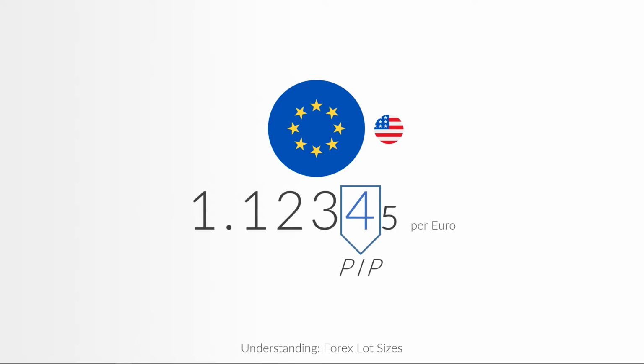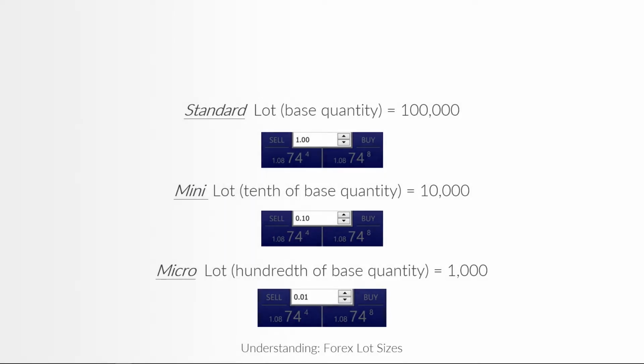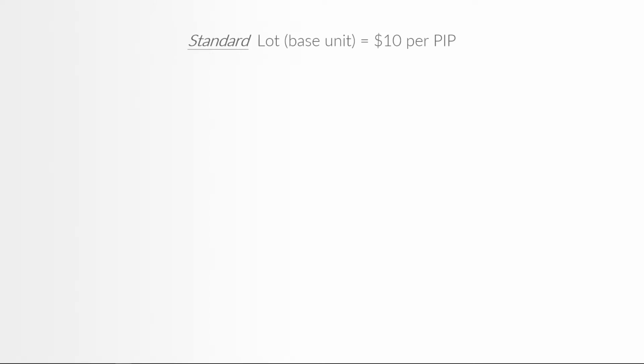But the way I was always taught, and I've been in this industry since 2006, is that the 4th decimal place is the pip. And in actual dollar values, this is how it works out. With your standard lot, your base unit, for each pip that the price changes, you're looking at a $10 profit or loss.